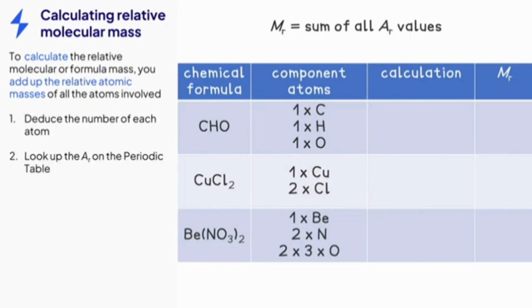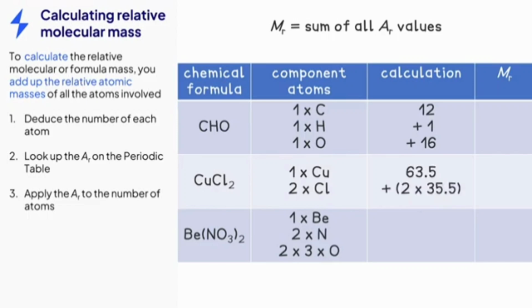We then look up the relative atomic masses on the periodic table and apply them. So, CHO is 12 plus 1 plus 16. CuCl2 is 63.5 plus 2 times 35.5. Be(NO3)2 is 9 plus 2 times 14 plus 6 times 16.